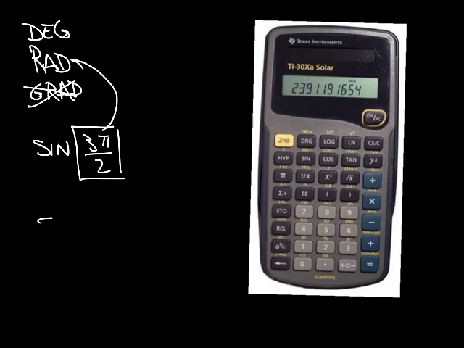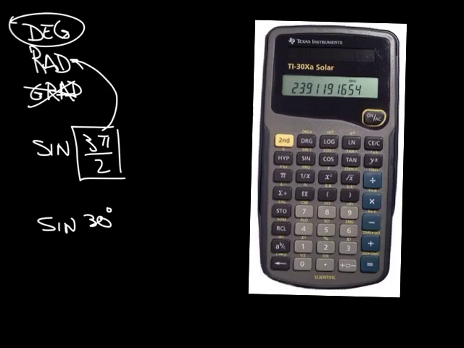So if I'm looking for the sine of 30 degrees, I'm going to use degree mode. If I'm looking for a sine and there's a pi in it, then I know it's in radians. Or if it doesn't have a degree on it at all, it'll just say sine of 20, you have to use the radian mode, or you will not get the right answer.